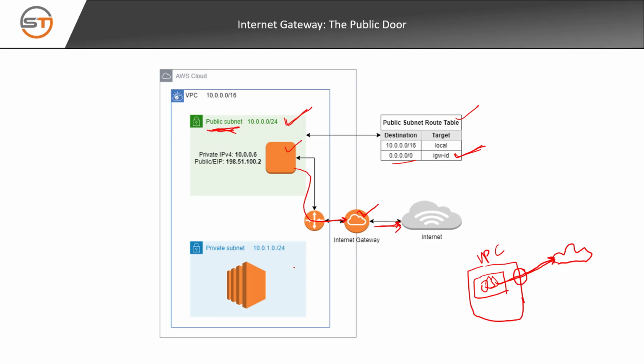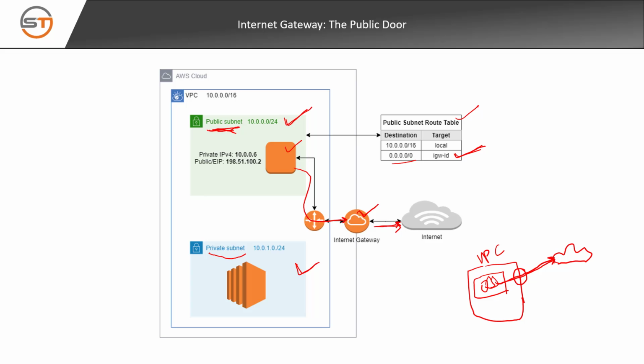If the subnet's route table doesn't have an entry for the internet gateway, then that subnet is called a private subnet, because this subnet cannot connect to the internet through the internet gateway, as it doesn't have a route table entry for it. Though there are some ways to connect to the internet from a private subnet through NAT gateways and NAT instances, we will discuss that in another video.